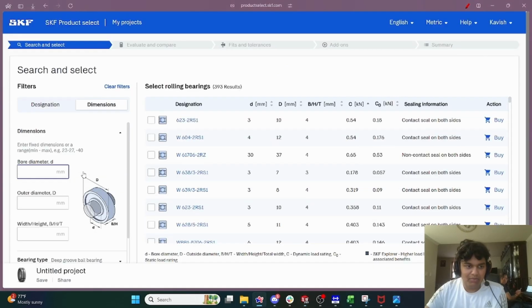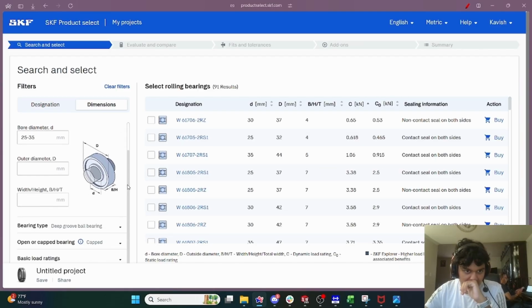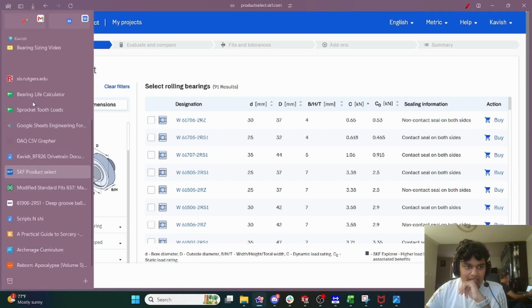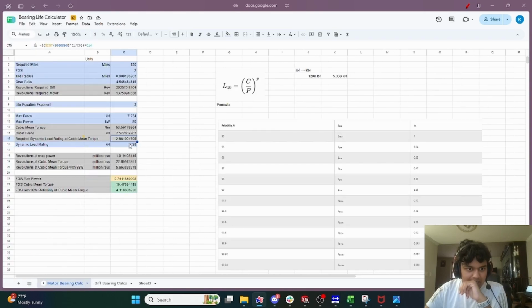So I'm going to set the minimum bore diameter to be 25 millimeters, and let's go up to like 35, right? And then the same filters on the left side. And then again, it's already sorted by C ratings. And so we know that we need a C rating of at least a minimum of 2.8.